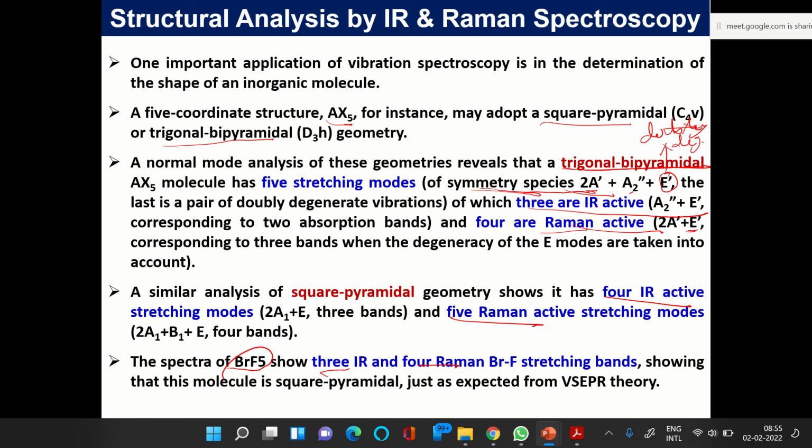That is in agreement with the square pyramidal geometry, which is also expected from VSEPR theory. So this is one example of how, if we have a molecule whose chemical formula is known but we are not sure about the geometry, Raman and IR can help you decide what it is.